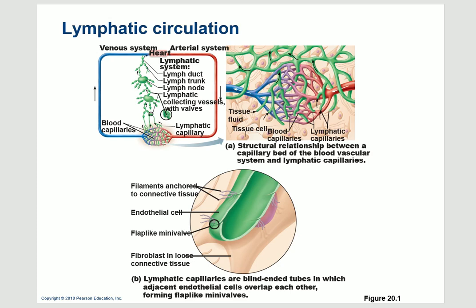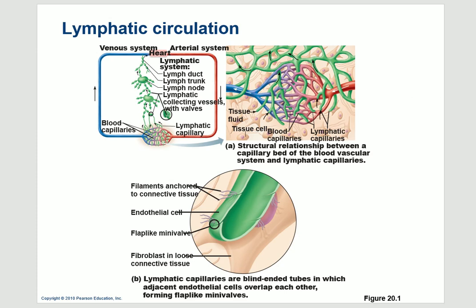So this is a quick picture of how the lymphatic system works with the arteries, the capillaries, and veins back to the heart. So over here in the top left picture, you see lymphatic capillaries and blood capillaries, how it goes up into the heart from the venous system, arterial system, etc. So you've got all of these capillaries coming in from the arteries.